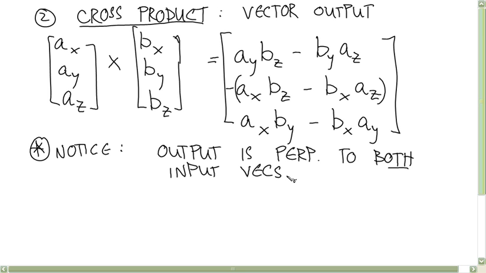What's a vector that's perpendicular to both of those? There are two of them. There's one here and one here, right? And how do you know which direction it is? The right-hand rule. So I'll say according to the right-hand rule.